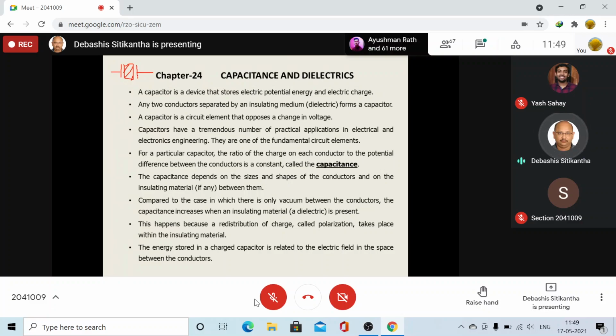Can you give one practical example? You people have seen many examples of capacitor in your everyday life, in the environment, everywhere there is some sort of capacitor. Yes. In fan, a capacitor is there.